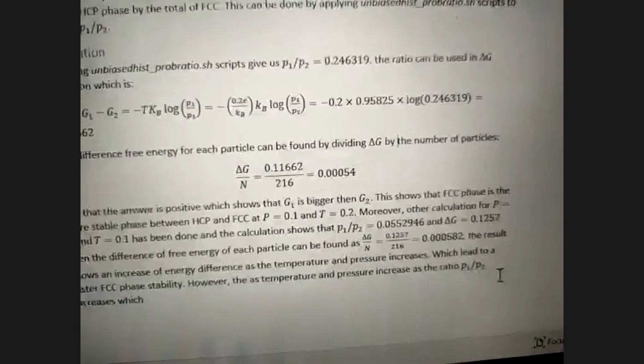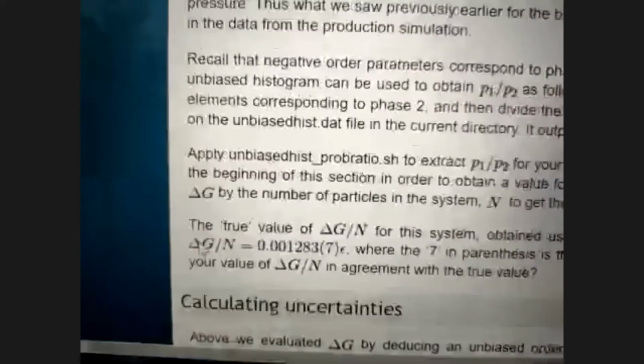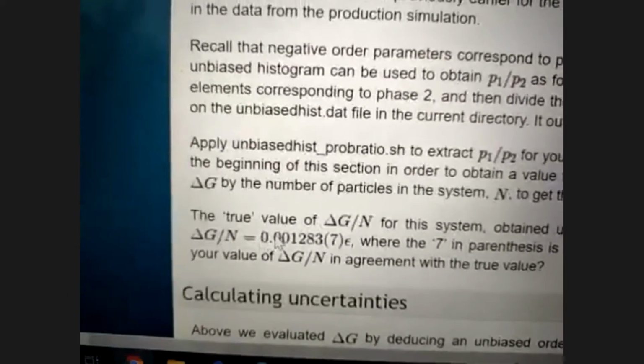If you use 0.55, what can you get? What I didn't get is this number: delta G over N equals this number.